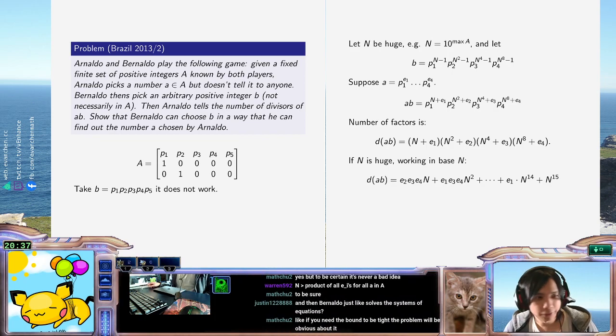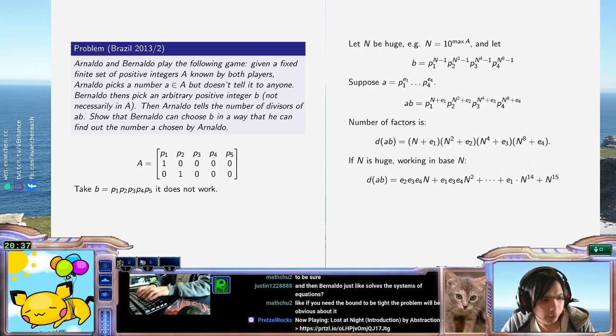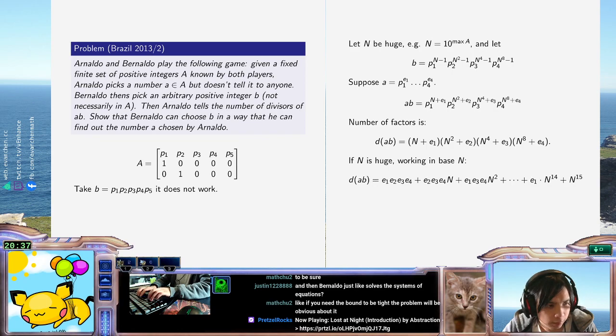You don't even need to solve the system because 4 of the coefficients will just be the singleton, right? Like, you actually get every... Oh, I forgot E2, E3, E4.